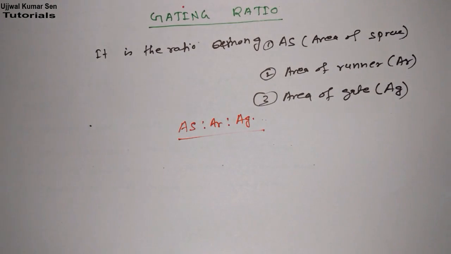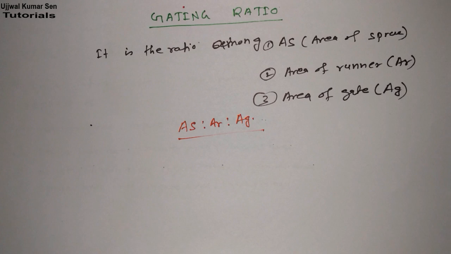So this is the gating ratio: AS to AR to AG, a ratio among AS, AR and AG.